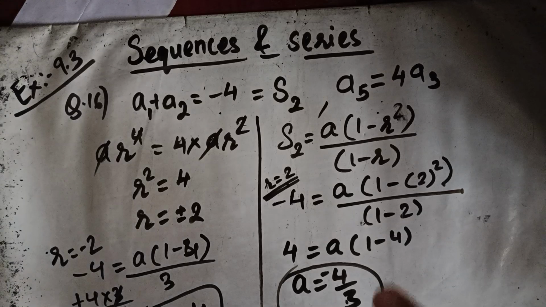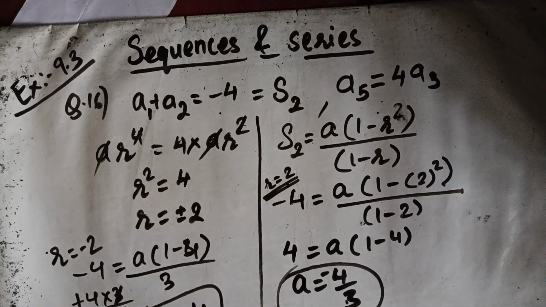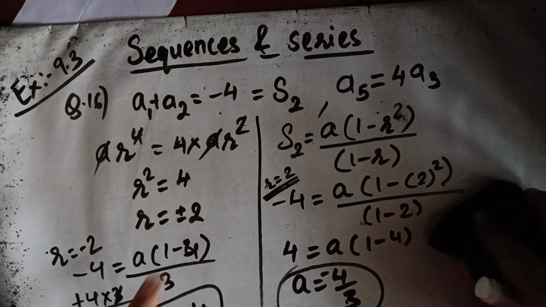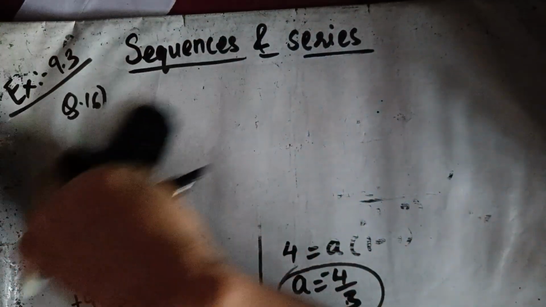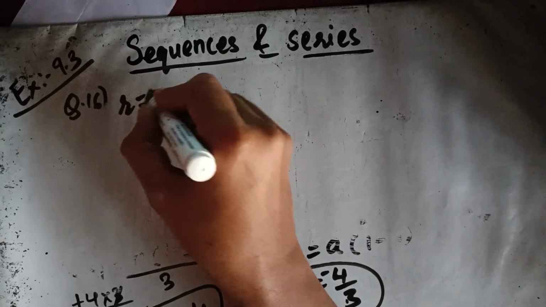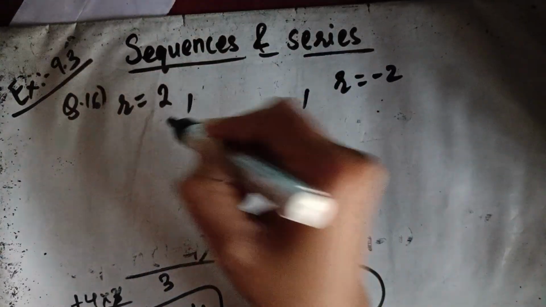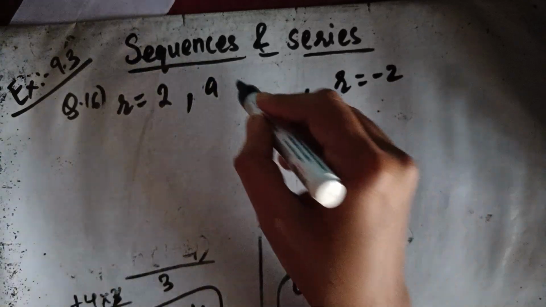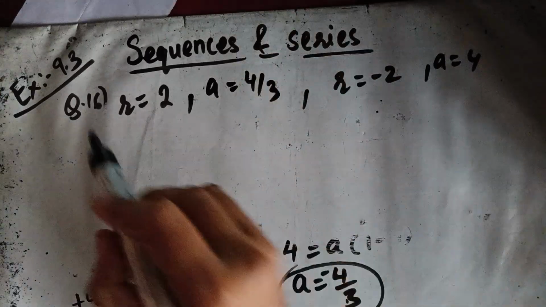So we have to write the numbers in GP. So first, r is plus or minus 2. For r equal to +2 and for r equal to -2, here a is 4 by 3. Here a is 4.